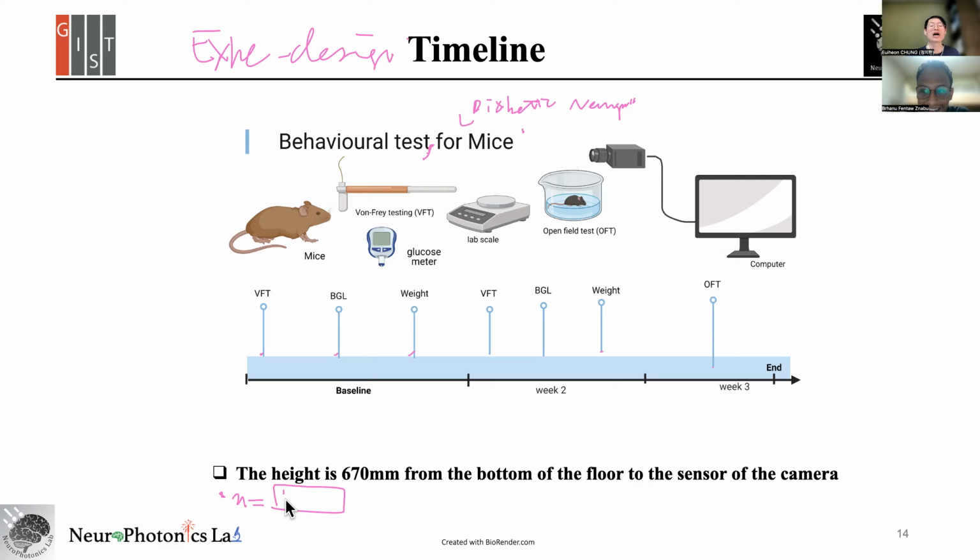Total 12. How many DN mice? 8. How many control? 4. Usually, okay, you put 8 DN mice. So how many weeks old when you start?